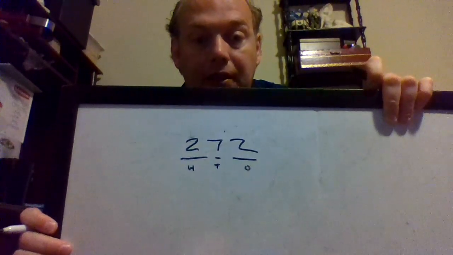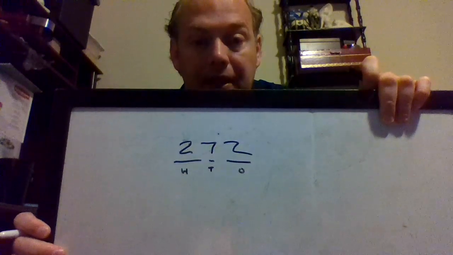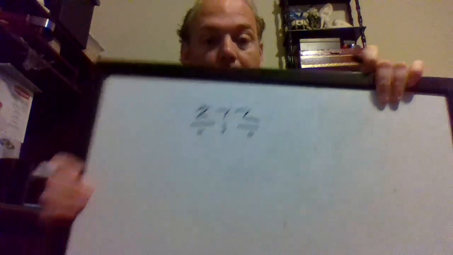First two is in the hundreds, the 7 in the middle is in the tens, and the last two is in the ones.